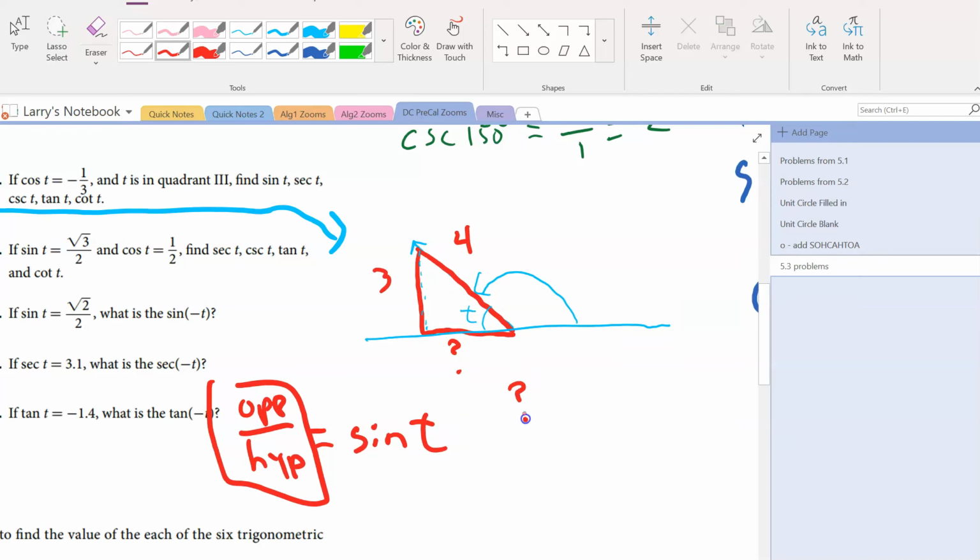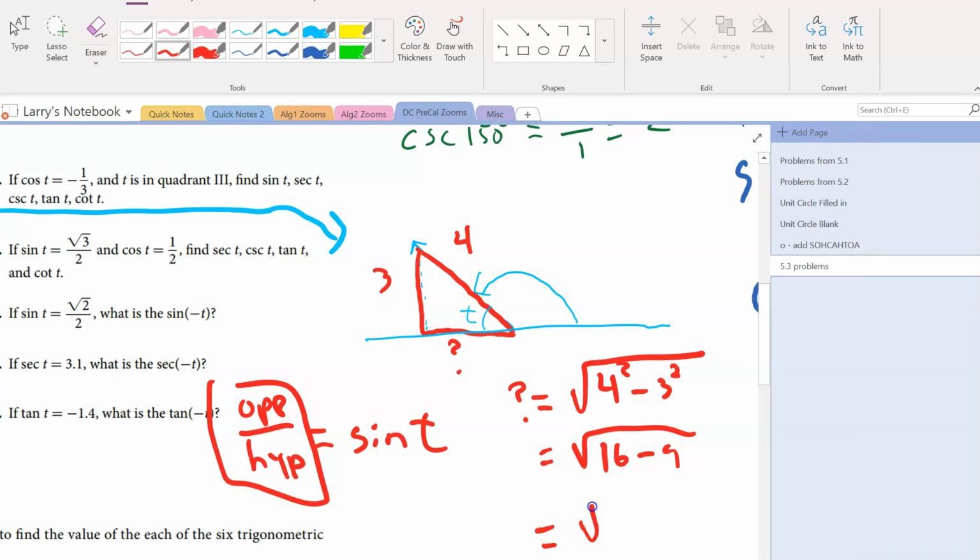So question mark is going to equal the square root of 4 squared minus 3 squared. Hypotenuse squared minus leg squared. Well, 4 squared is 16. 3 squared is 9. 16 minus 9 is 7. That's this side here, square root of 7.